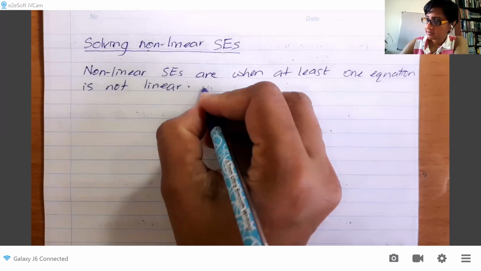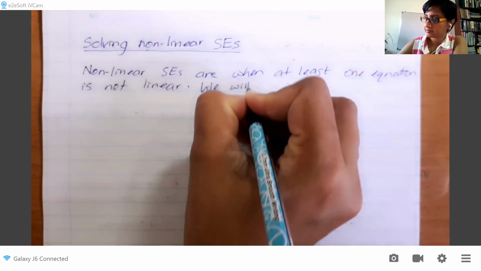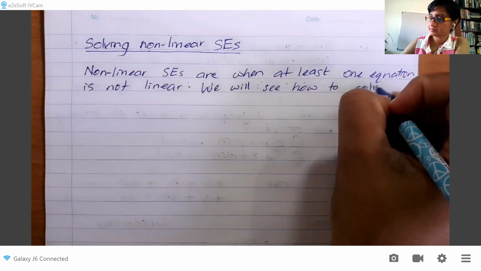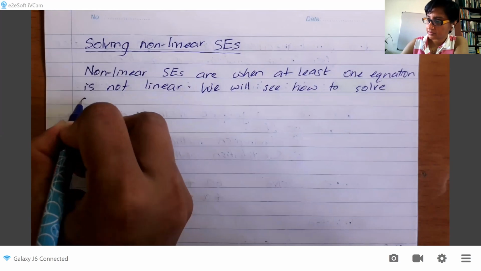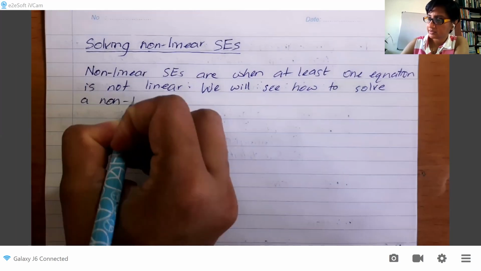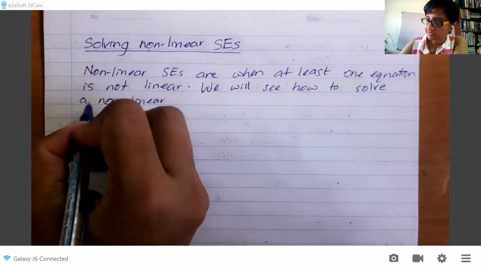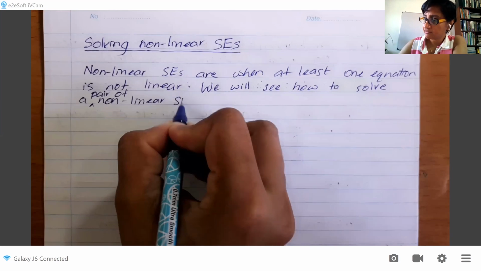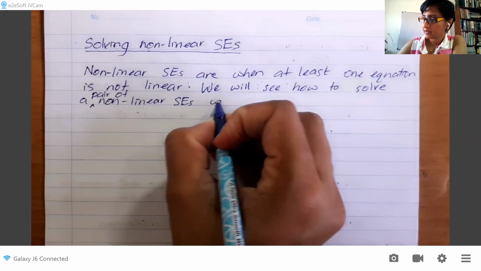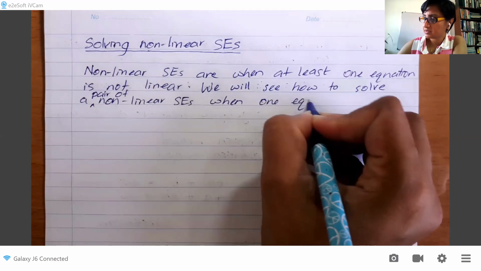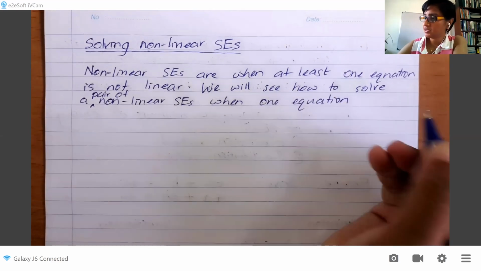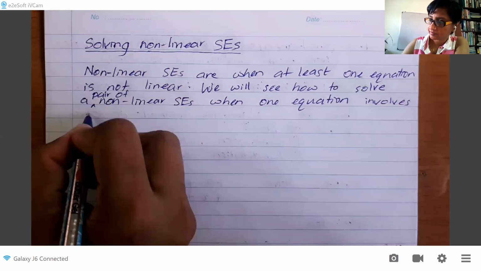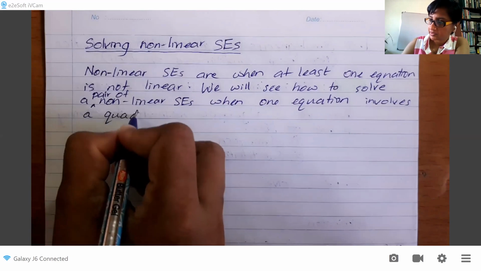We will see how to solve a pair of nonlinear simultaneous equations when one equation involves a quadratic.